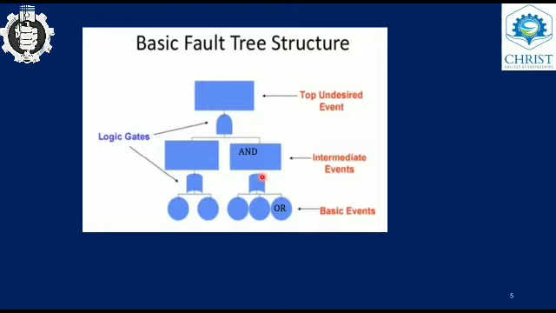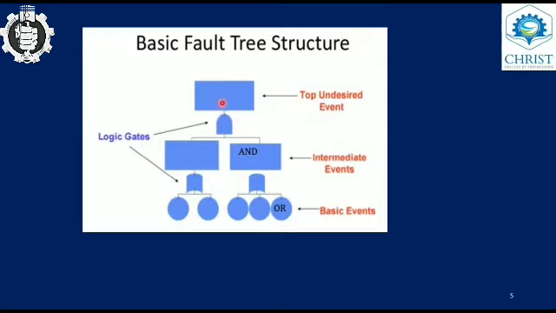Before these intermediate events we have OR gates, and each OR gate shows if either this one or this one or this one. Sorry for the mistake in the figure. If any of these three events are present, then it causes a failure and it results in this rectangle, and the combination of these two rectangles, through the AND gate, shows a top level event or a failure.